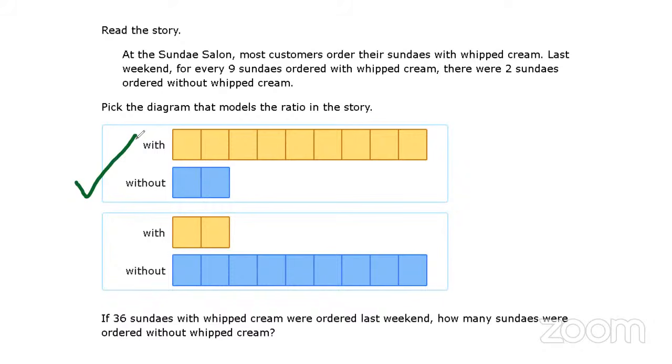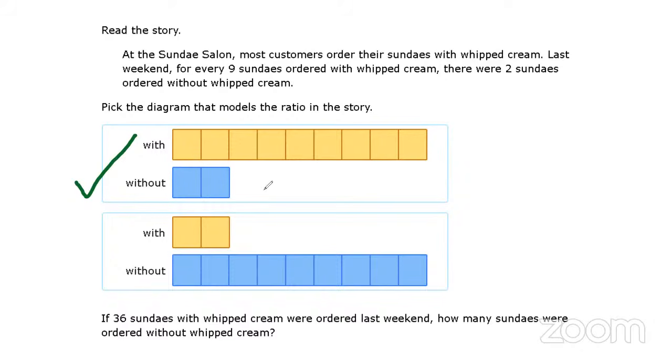While you're thinking about that and working it out, let us talk about this diagram here. If this diagram is showing 1, 2, 3, 4, 5, 6, 7, 8, 9 with whipped cream and 1, 2 without whipped cream, can we see the relationship between the with and the without?